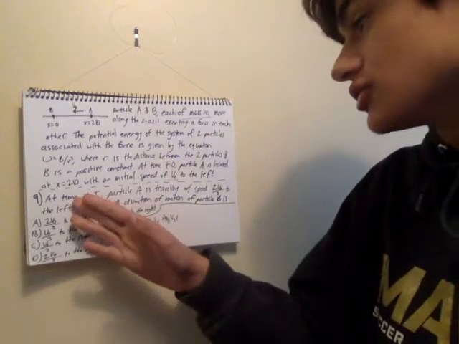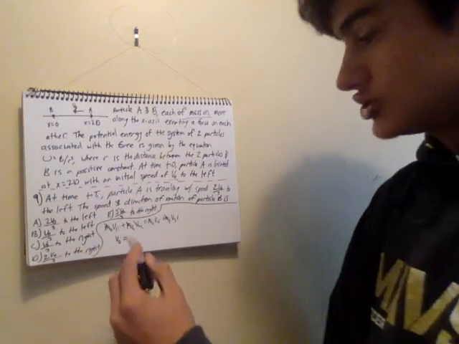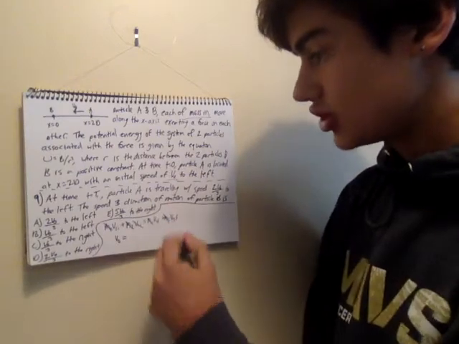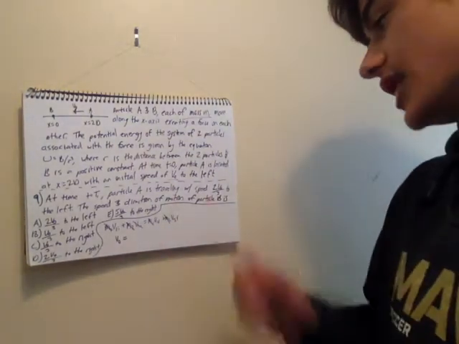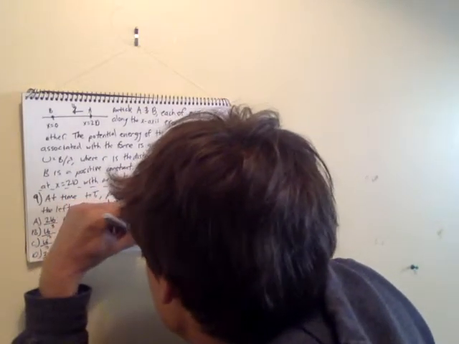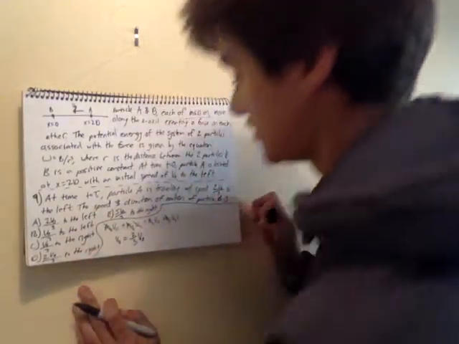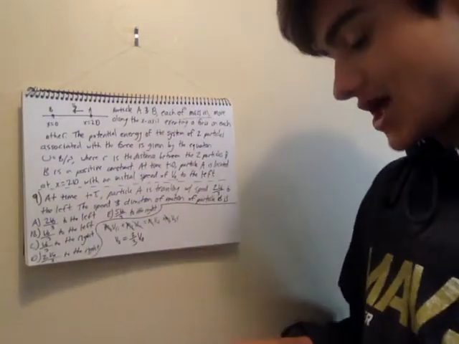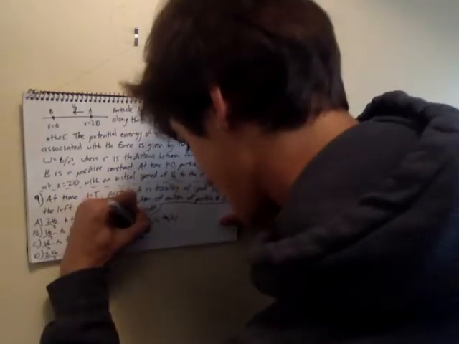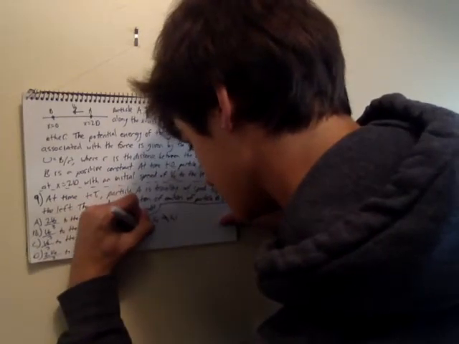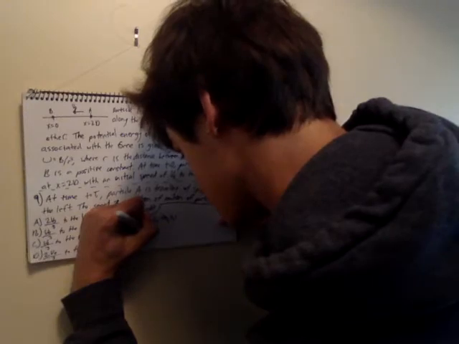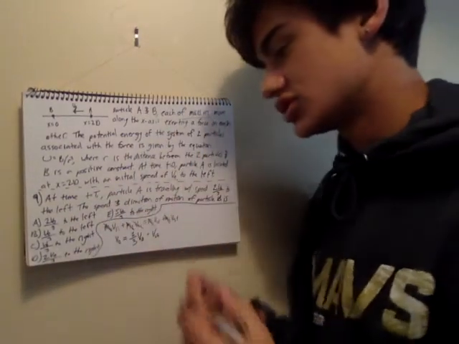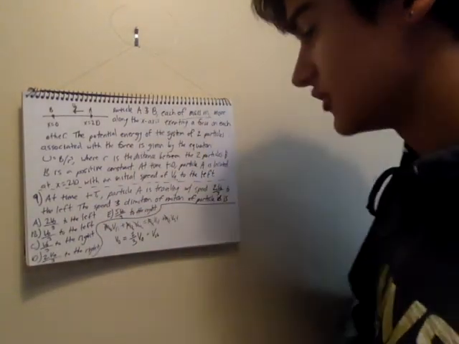And here we're told at time t equals t1, so this is our initial time. This is all our momentums at t1. So particle A is traveling with speed 2/3 v naught. And this is particle A. Then if we add the final velocity of particle B, that's what it's going to look like. And then we can very easily solve this.